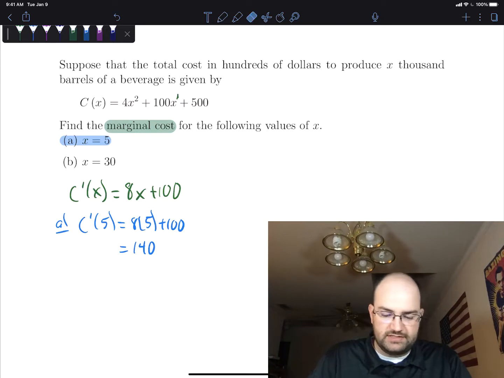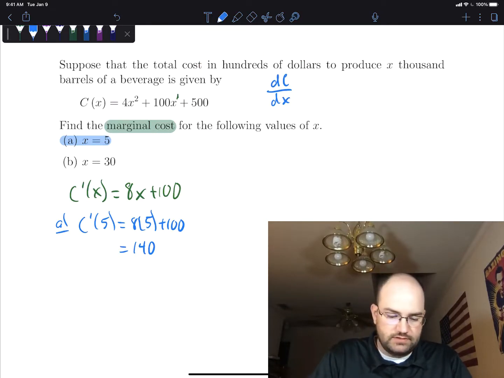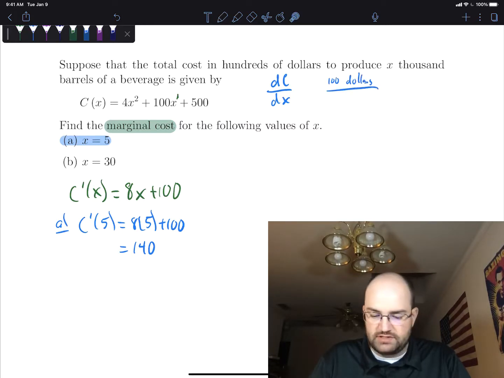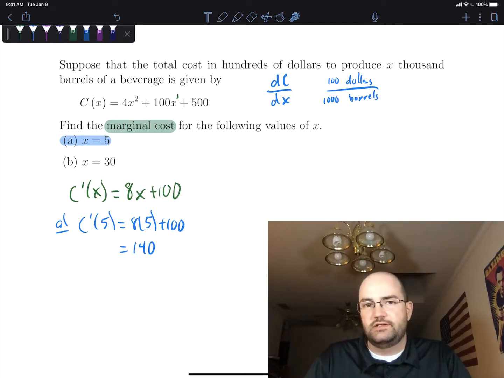Now for the units. Again, because this is a derivative, it's actually a slope, and another way of writing this would be dC/dx. Now C is the cost in hundreds of dollars, so it would be $100 per, that's because that's what the units are for C, and the units for x here would be 1,000 barrels. Okay, now the reason that I did this is very important.